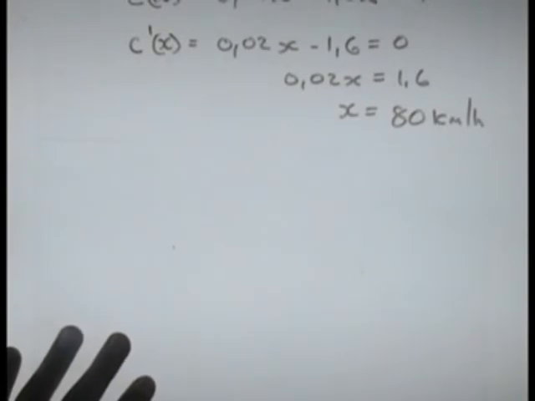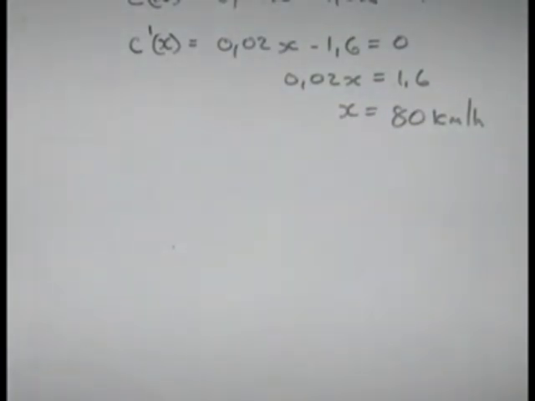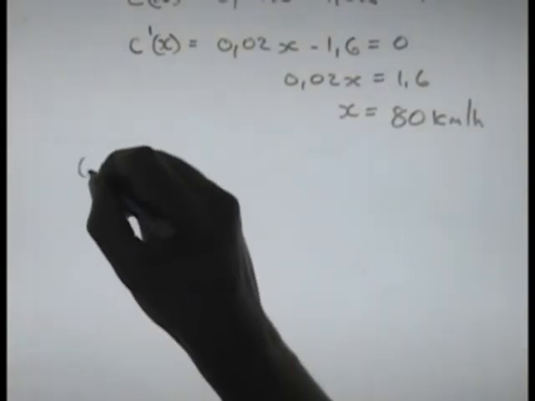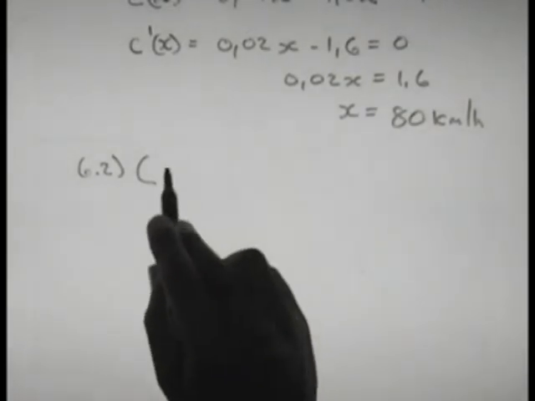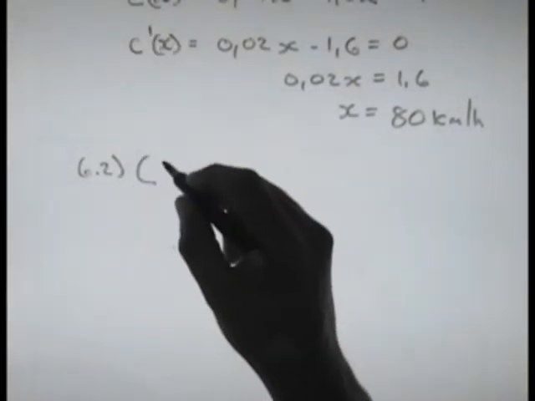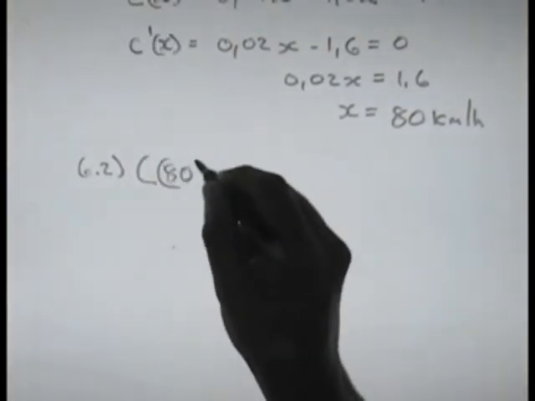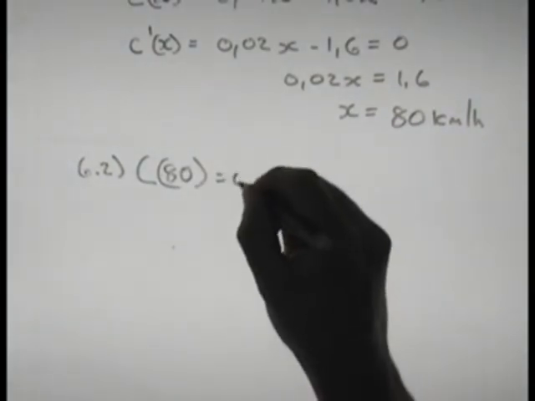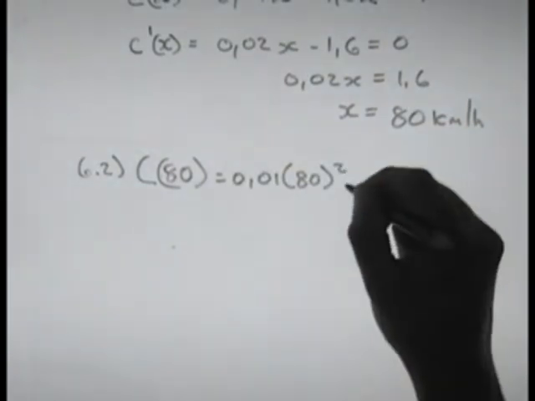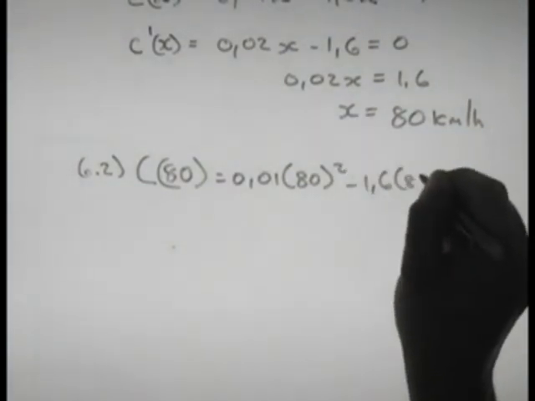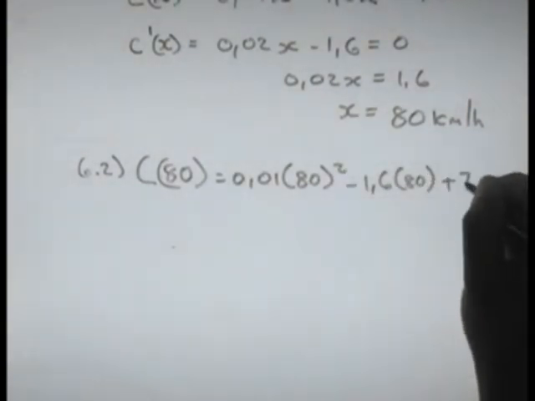I then ask 6.2, what is our maximum consumption? Basically, we are looking for our consumption, not our derivative, our consumption at 80 kilometers per hour, which will equal 0.01 times 80 squared minus 1.6 multiplied by 80 plus 70.